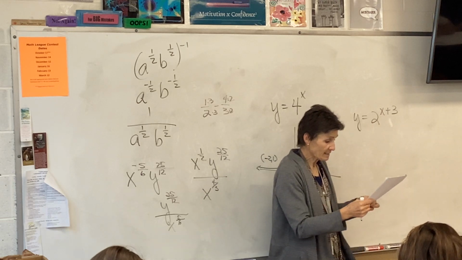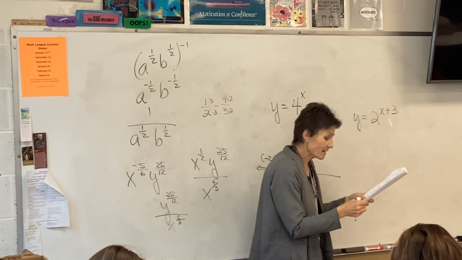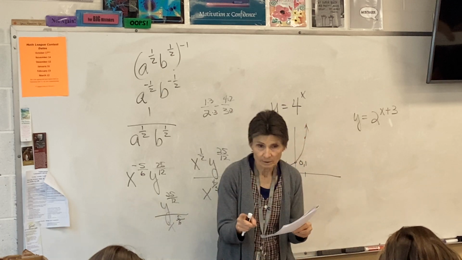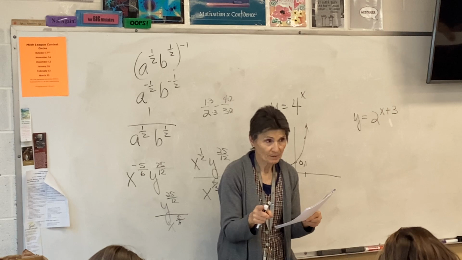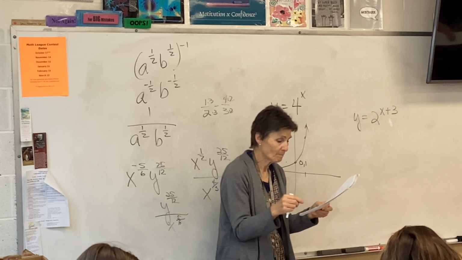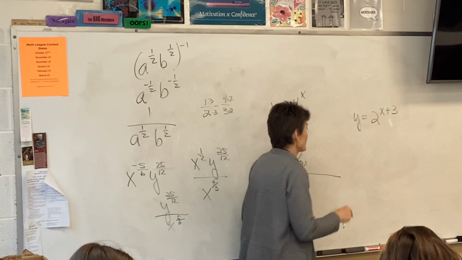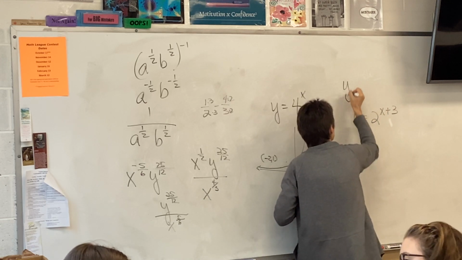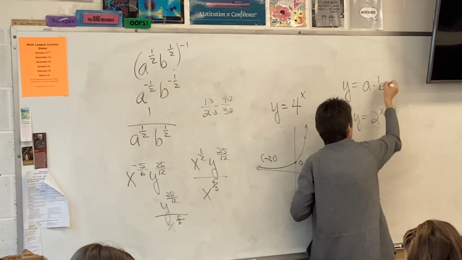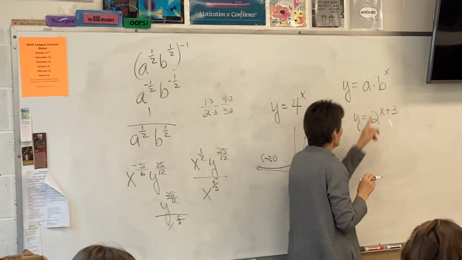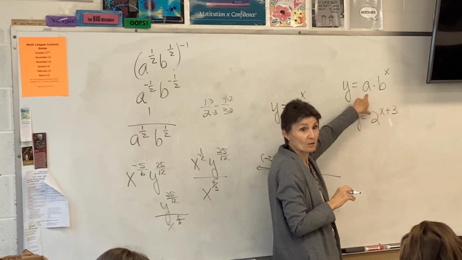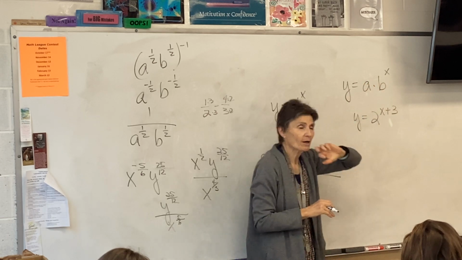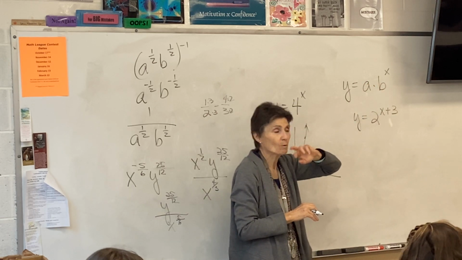Now, what he's claiming is, I can rewrite this with a vertical dilation, in other words, a vertical transformation, and no horizontal transformation. In other words, this problem can be rewritten as a standard exponential. This is your vertical dilation. This is your multiplier. Okay? Anybody have a thought on how you can do that? It's actually so easy.